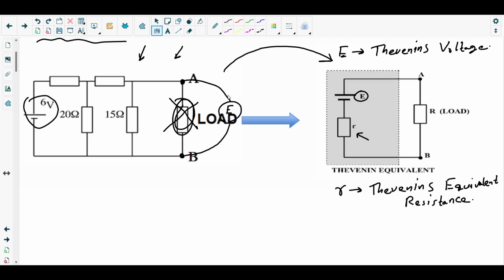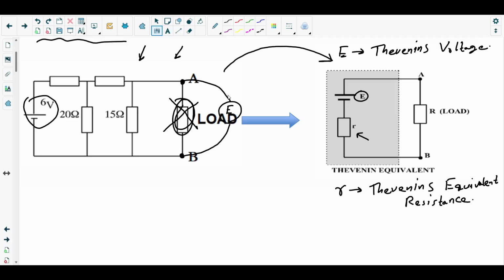As we took out the load resistor, there's no resistor there, so the circuit is discontinued between AB, and the voltage across the terminal AB will be the Thevenin's voltage. It tells you how much voltage is available for the load resistor to use. That's the Thevenin's voltage.